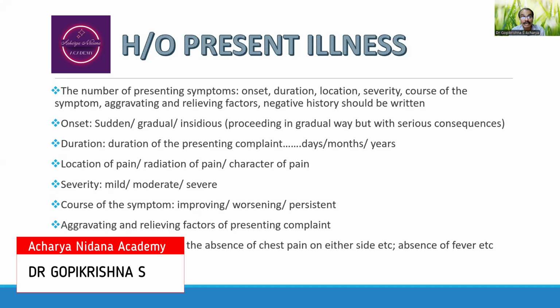Whereas cough in the absence of chest pain may indicate either early respiratory illness or otherwise the person may have upper respiratory tract illness as such. This is how the negative history is helpful in making the clinical diagnosis. Absence of fever suggests the absence of infection. That's how the history of present illness is helpful in documenting the case history.